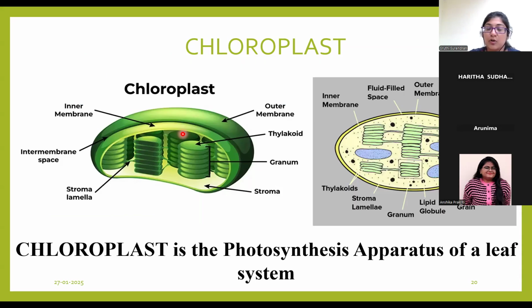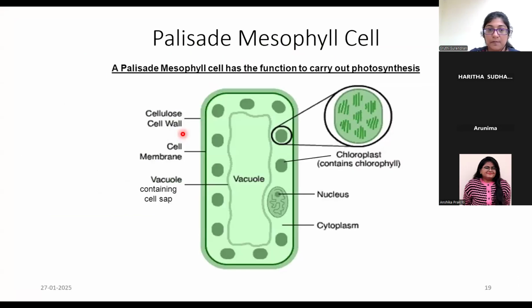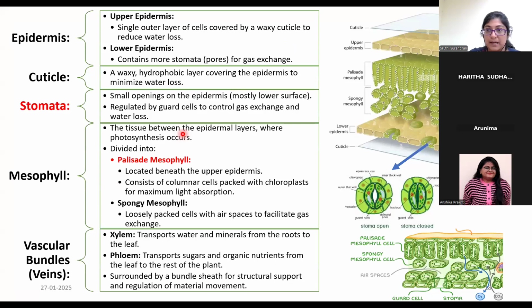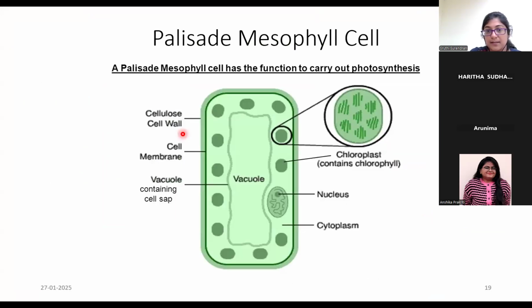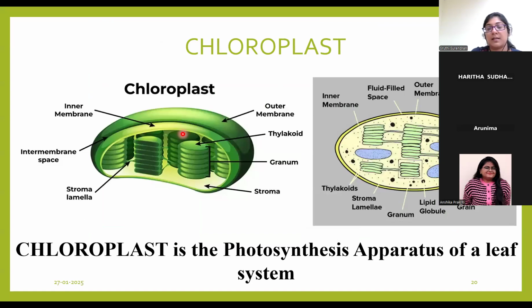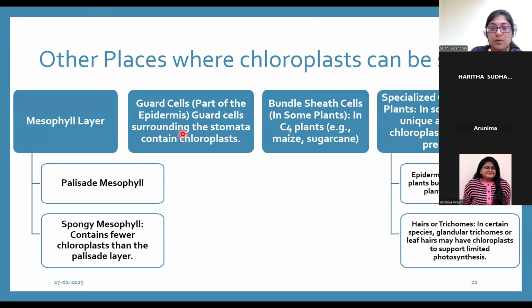Now, chloroplasts are not just available in palisade cells. We came from a leaf structure into a palisade cell, and inside a palisade cell we came to a chloroplast. Chloroplasts are found in various different places in a plant, especially the spongy mesophyll.